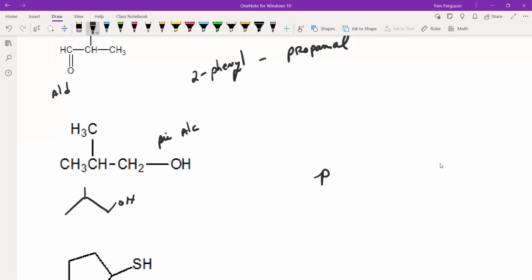So that's going to be a propanol. Methyl 1 propanol.